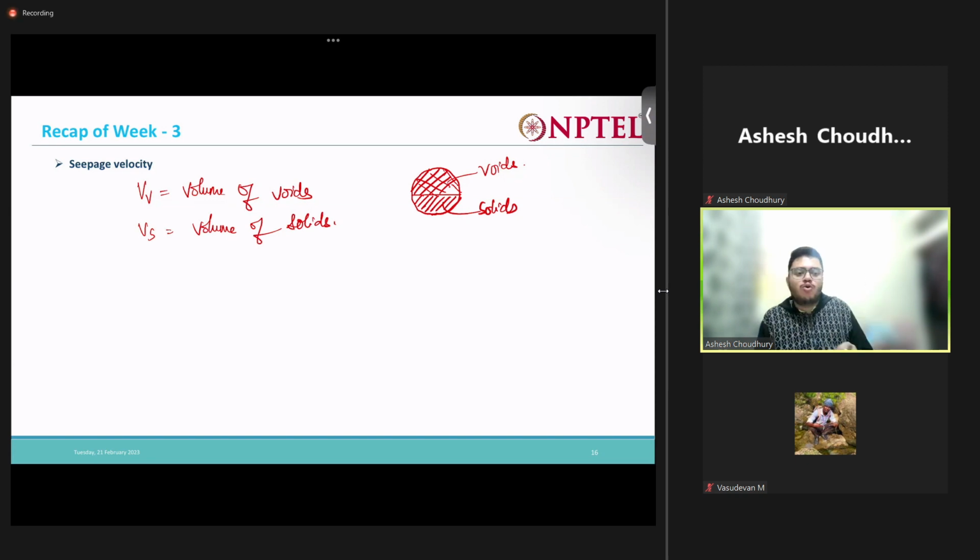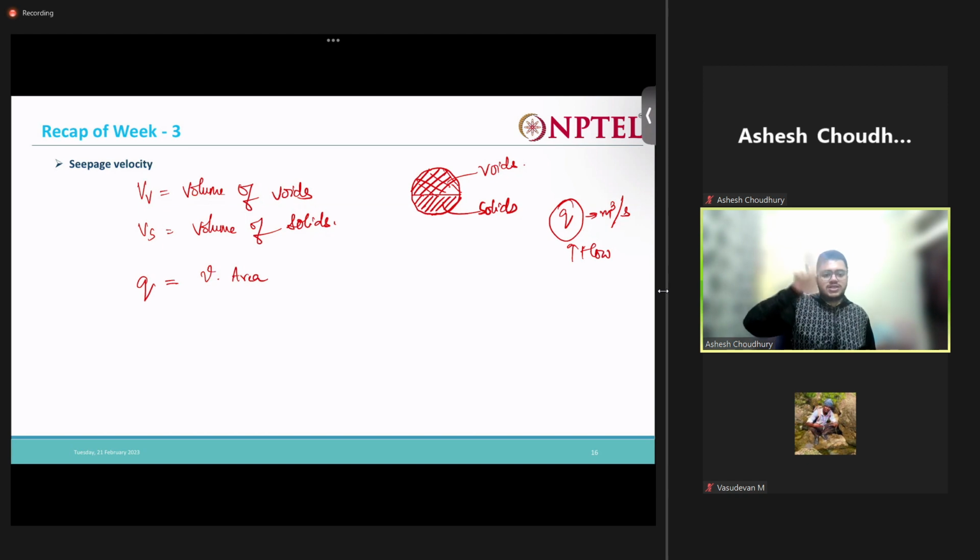Now what is the formula for flow? Flow or discharge is represented by Q. It's the volume of water flowing per second, right? The expression for flow or discharge is velocity into area, the velocity of flow into the cross sectional area.